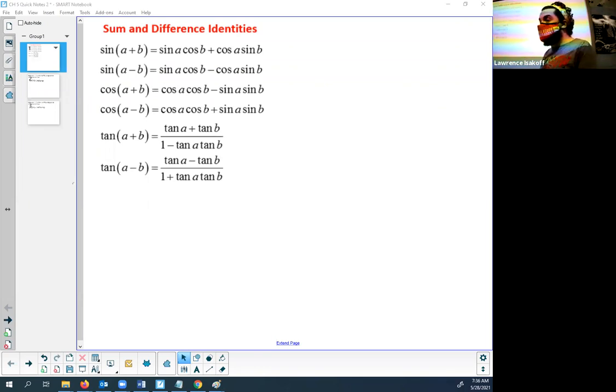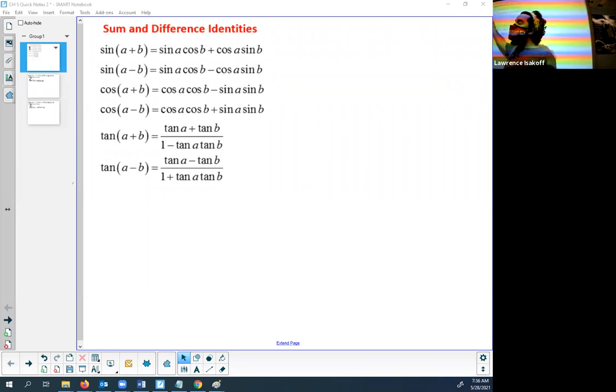Now, cosine works a little differently. So that's why these are a little tricky. Definitely having this cheat sheet of what each of them are is really helpful. Cosine of A plus B is cosine of A times cosine of B minus sine of A times sine of B. So cosine does get a little tricky in there.